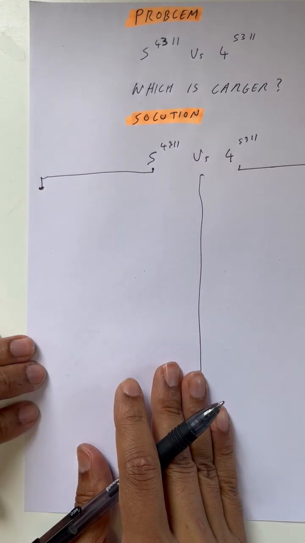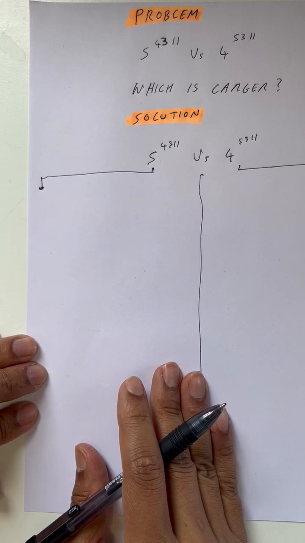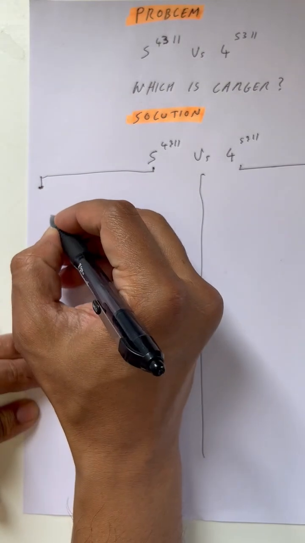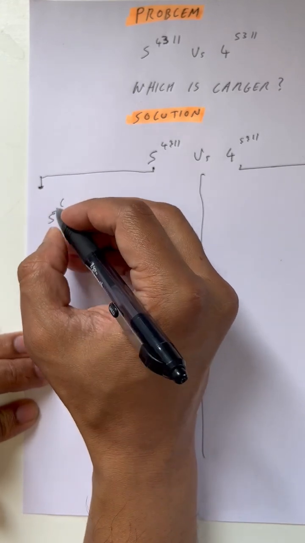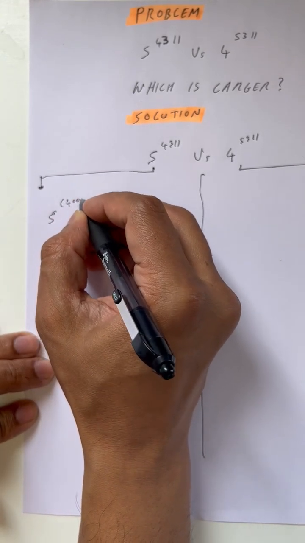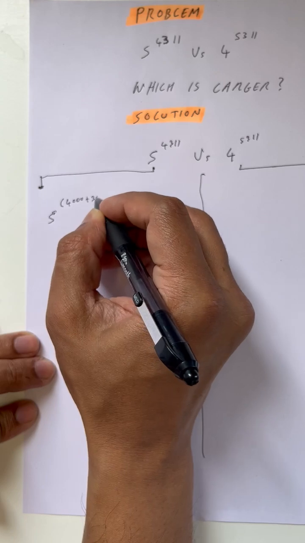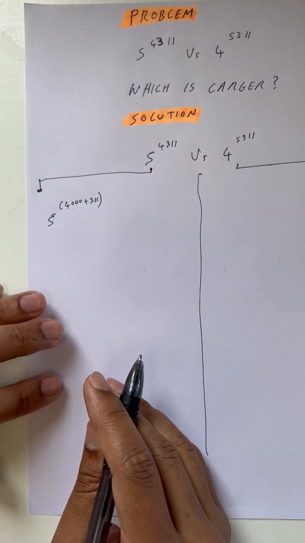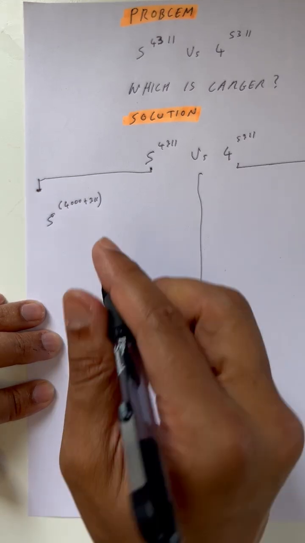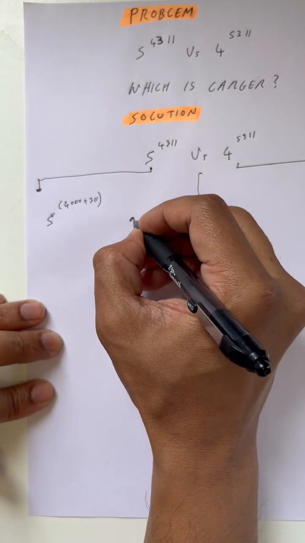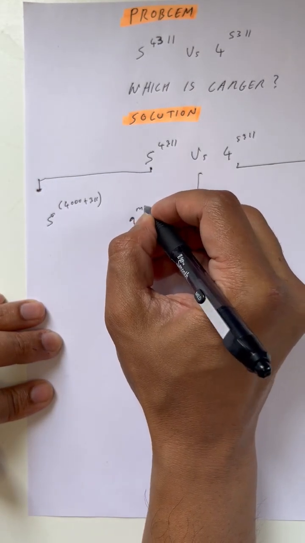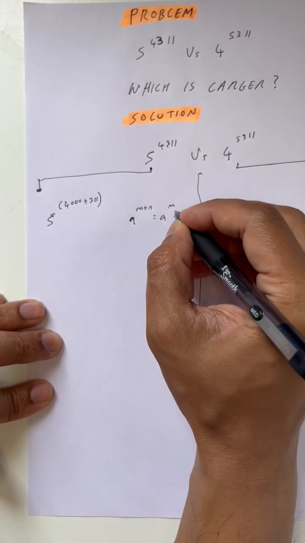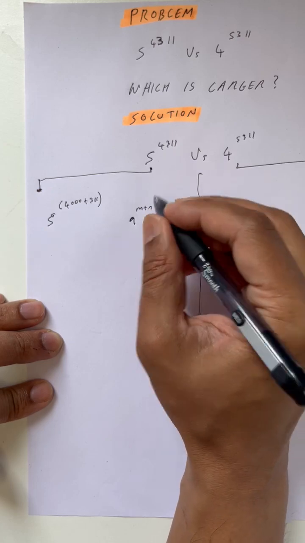So let's start with the left hand side. We can express the left hand side as 5 to the power of 4,000 plus 311. Now remember, there is a rule in algebra whereby a to the power of m plus n equals a to the power of m times a to the power of n.